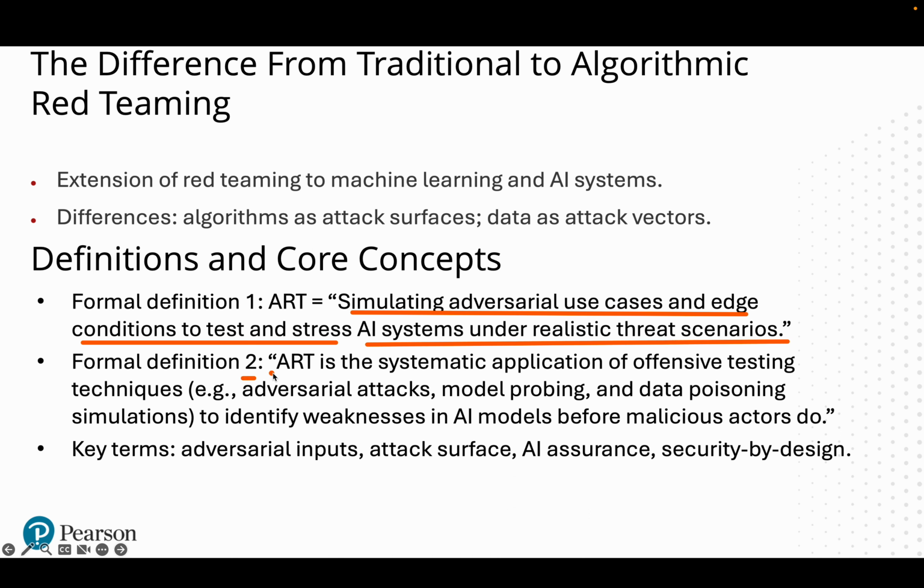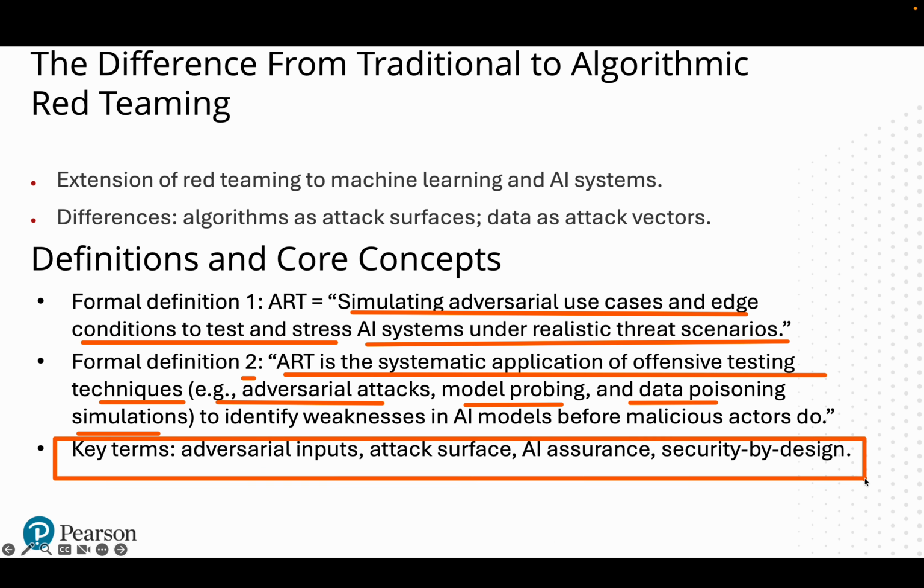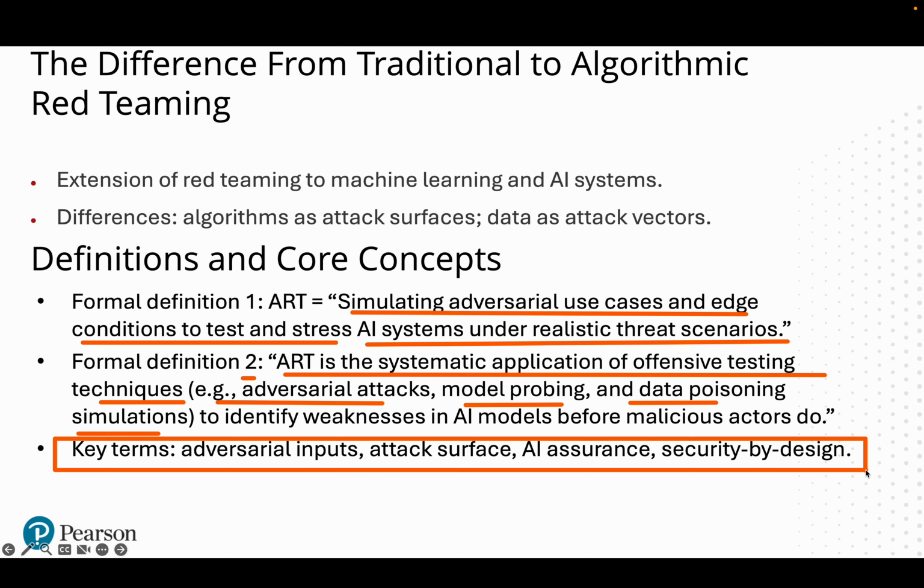The second definition: algorithmic red teaming is the systematic approach of offensive testing techniques such as adversarial attacks, model probing, and data poisoning simulations to identify weaknesses in AI models before malicious actors do. The key terms here are adversarial inputs, attack surface, AI assurance, and secure by design.